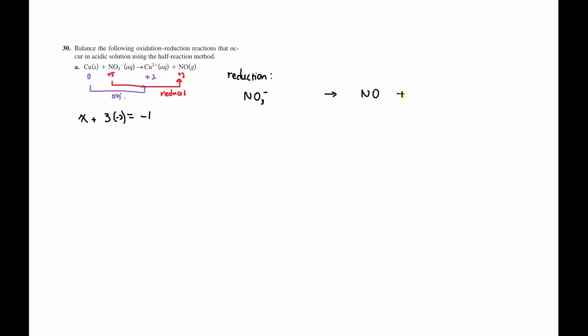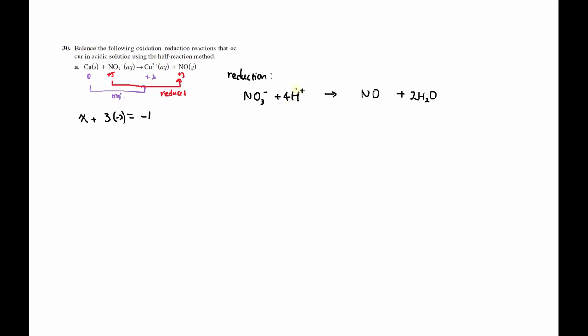I have to introduce water. And how many water molecules do we need? Seeing we need 3, we need to have 2 water molecules to balance out the number of oxygen. And then since we are missing the hydrogen on the reactant side, I have to introduce 4 hydrogen ions, which makes the solution acidic.